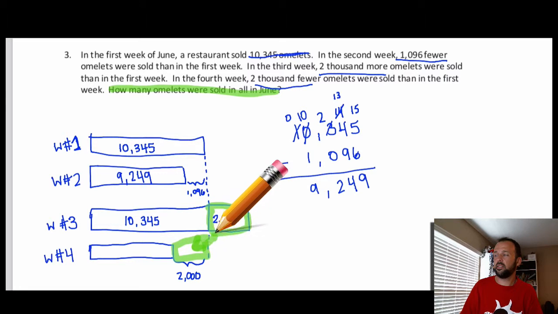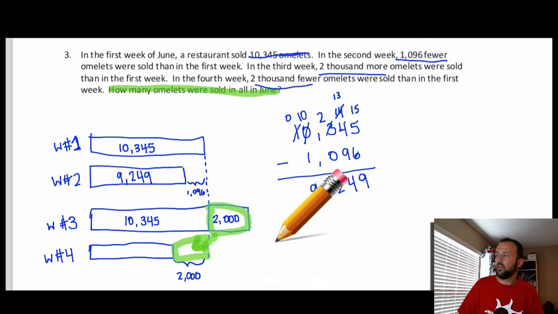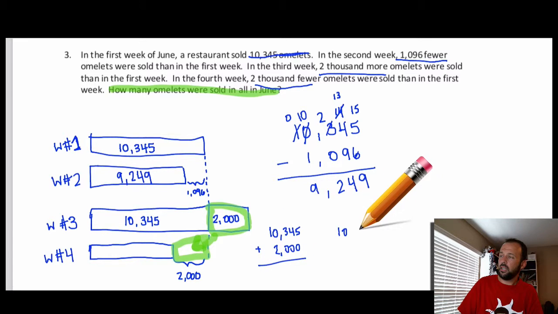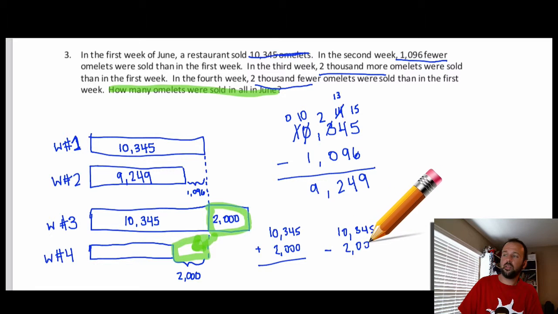But it is a little bit of a trick, a shortcut to help us get to our answer faster. So if I were to set this up as 10,345 plus 2,000 and 10,345 minus 2,000, I would still get the right answer.